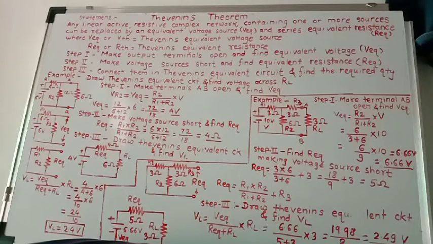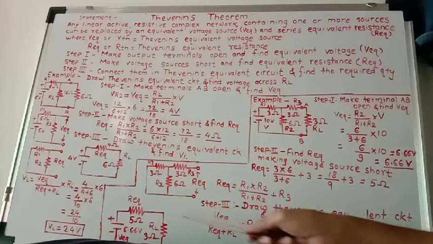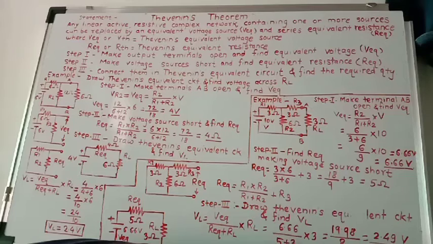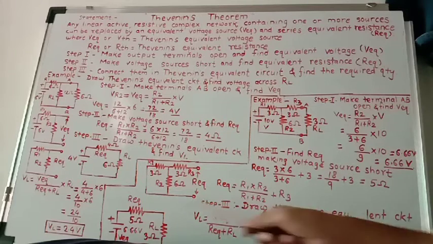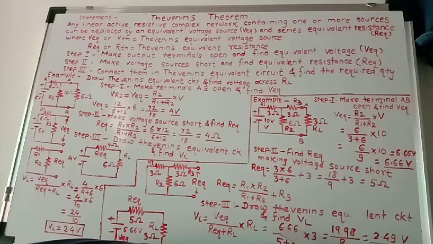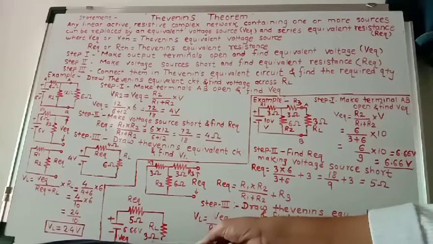So what is V equivalent? It is 6.66, divided by R equivalent, 5 ohm, plus RL, 3 ohm. So 6.66 divided by 5 plus 3 is IL, and into RL, which is 3 ohm.